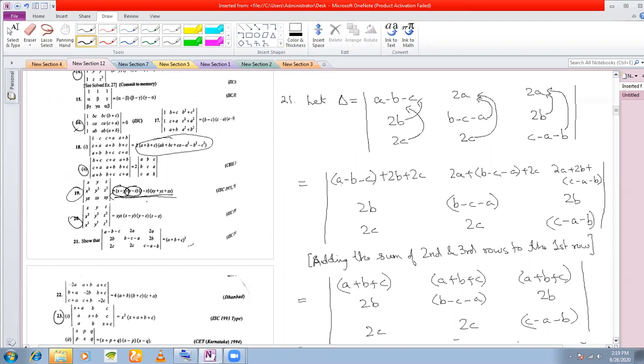Yes, sir. So that is what you have to keep in mind. I saw here (a plus b plus c) whole cube was there. That means I had to take the a plus b plus c factor out of the determinant. That is why I was trying to write here. I was trying to get a plus b plus c either in the same row or the same column. You understood what I'm trying to say? Yes, sir.